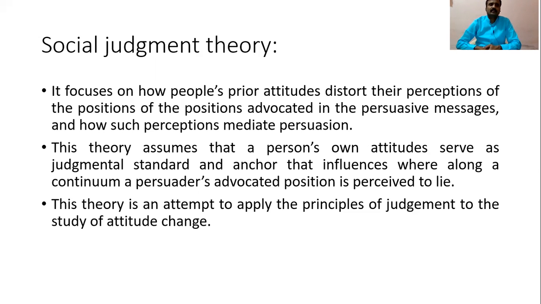This theory assumes that a person's own attitude serves as a judgmental standard and anchor that influences where along a continuum the persuader's advocated position is perceived to lie. This theory attempts to apply the principles of judgment to the study of attitude change.